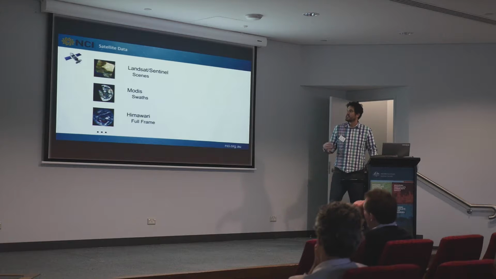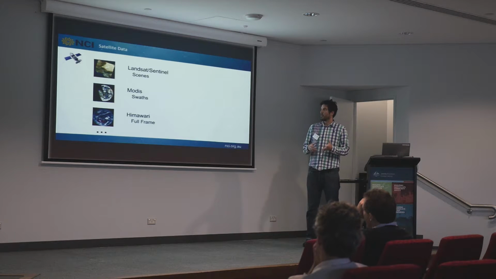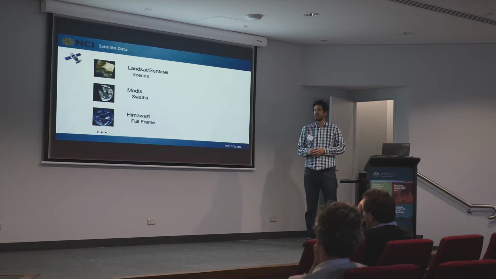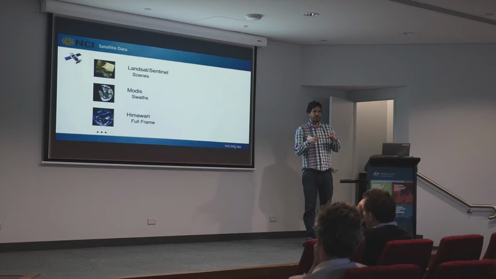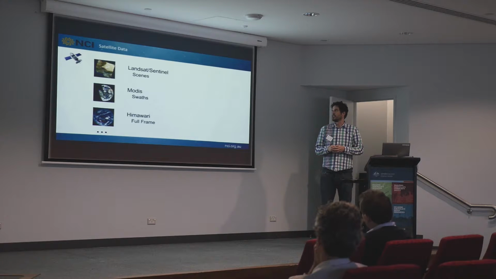Just with satellite data, we have many different satellites collecting information in many different ways. We have the high-resolution ones, like Landsat or Sentinel, that, because they have high resolution, capture small patches of the Earth. They take photographs, and these are stored as what are called scenes.